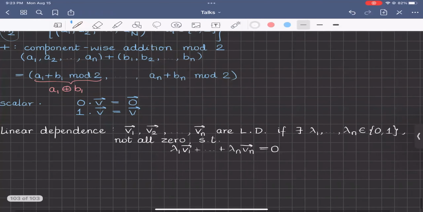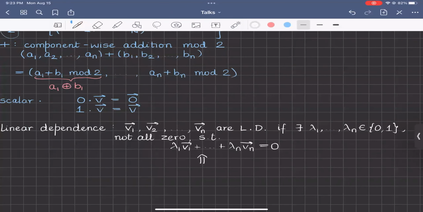So this is just saying that there exists a non-empty subset S of the set of naturals up to n such that the sum of the vectors corresponding to the indices that are present in S, that is the summation of Vi for i belonging to S, is 0.